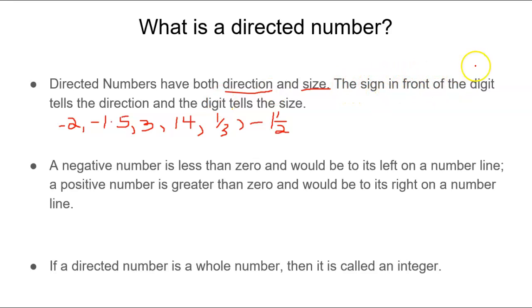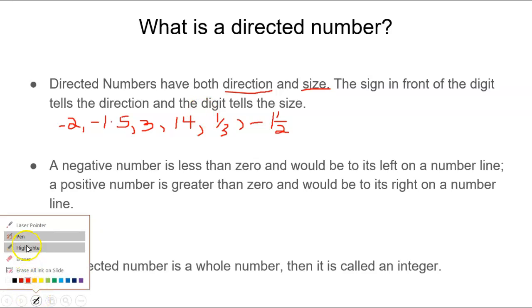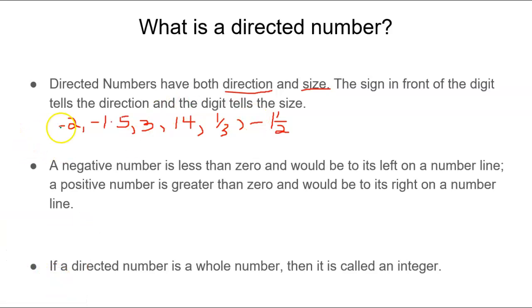The sign in front of the digit tells the direction, and the digit itself tells the size of the directed number. For example, in -2, the sign is negative, so that tells that the direction is left.